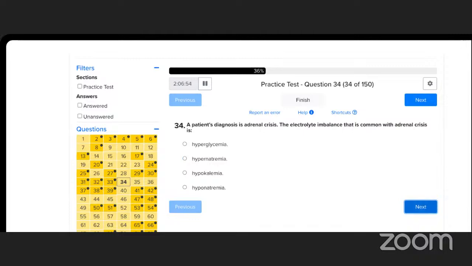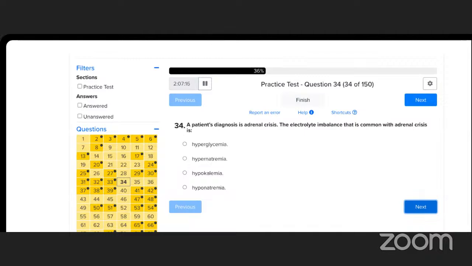Yeah. Number 34. We're thinking adrenal crisis. Which electrolyte imbalance is common with adrenal crisis? So let's just take a minute.